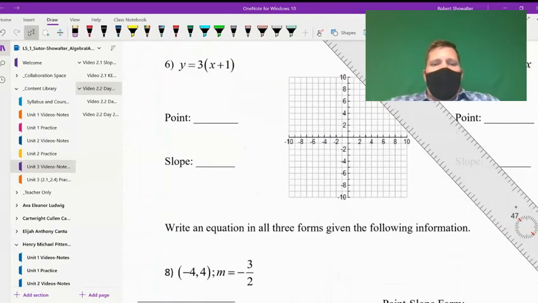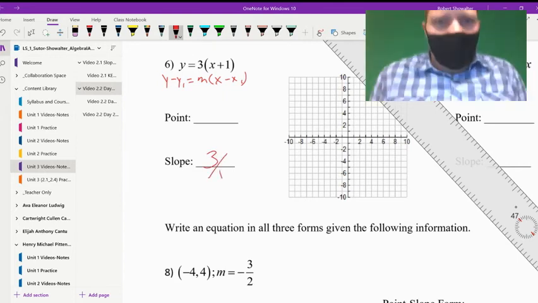Here we go. Here's another one. This is weird because there's nothing out there in front of the y. Remember, it's y minus y1 equals m times x minus x1. And notice m is 3/1, by the way.